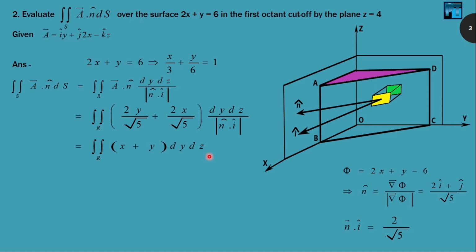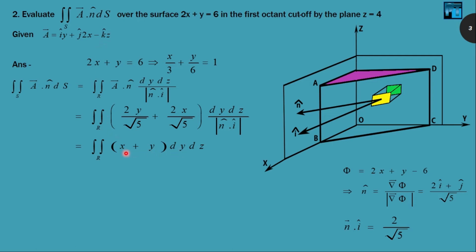Now see, there is one problem. This x. Why is this a problem? Because we are doing our projection on the yz plane, so we are left with two variables, y and z. But A has components in three directions, so there may be an x component in our math.